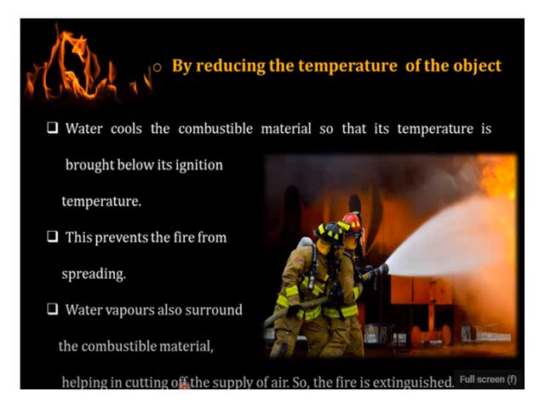So this is one method of extinguishing fire. Water cools the combustible material so that its temperature is brought below its ignition temperature. This prevents fire from spreading. Water vapor also surrounds the combustible material, helping in cutting off the supply of air, and the fire is extinguished.